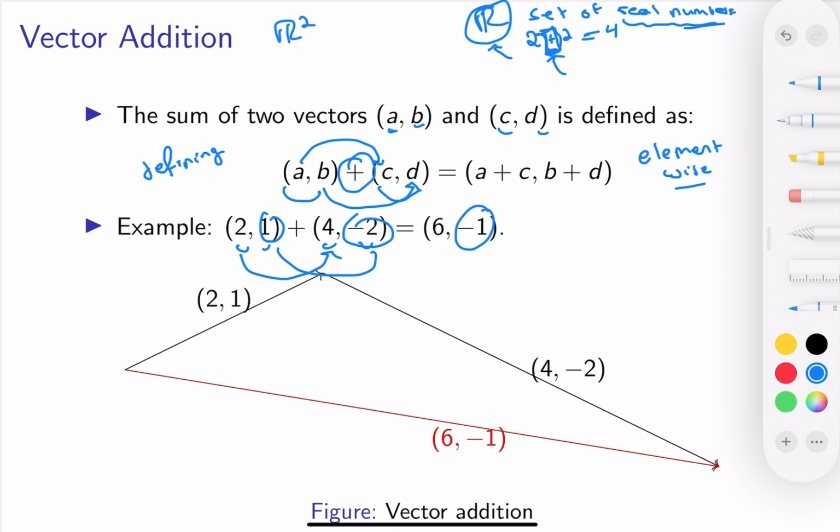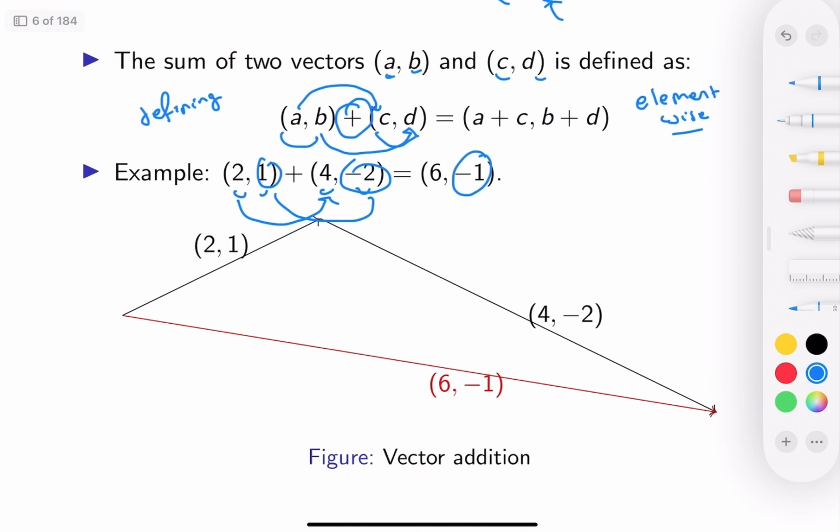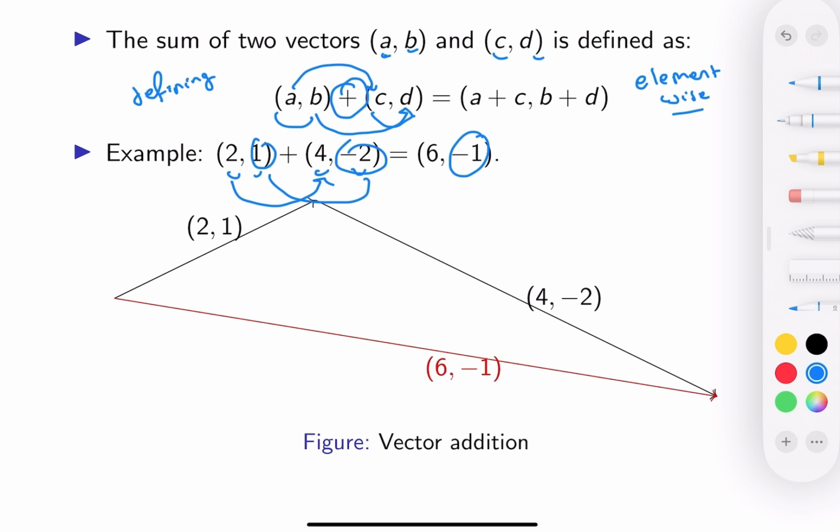But for vectors in R2, we haven't defined yet what it means to subtract two vectors. We just defined what it means to add two vectors. We're gonna define that in a few. So let us recall the geometric interpretation of adding two vectors, because this is important.